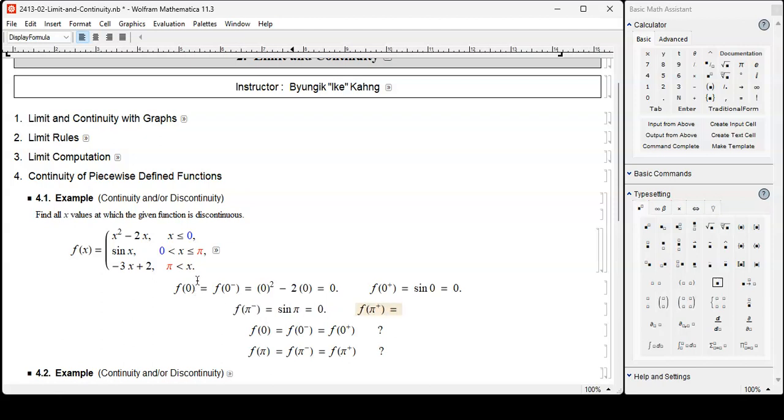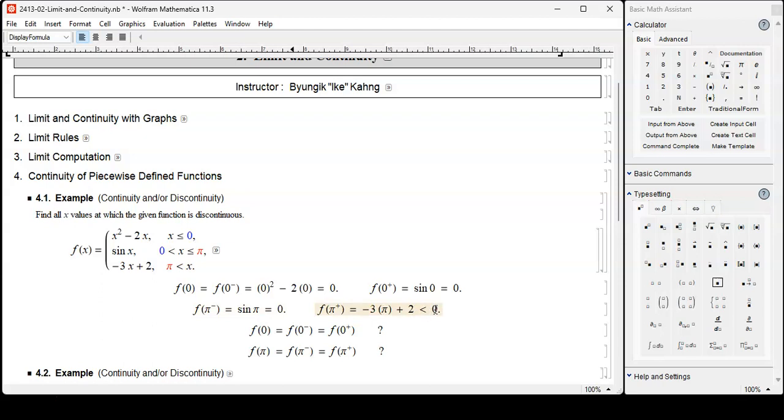It'll be greater than pi, so it has to go to the third line. That's -3 pi plus 2, and that's not 0. That's much less than 0. -3 times 3 point something, so greater than -9 plus 2, that's less than 0. So these two are different.